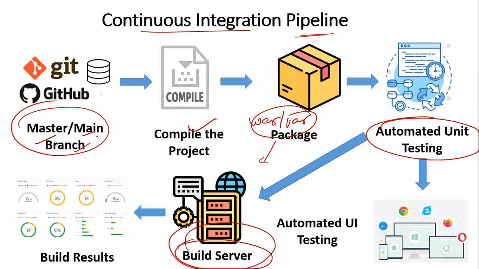And this WAR and JAR file, they will deploy into that build server. Build server means, for example, let's have 10 developers. The first developer will check in the code, and it will go through this process. Automated testing will happen in this build server. It will tell all the developers that the code they sent was successful.